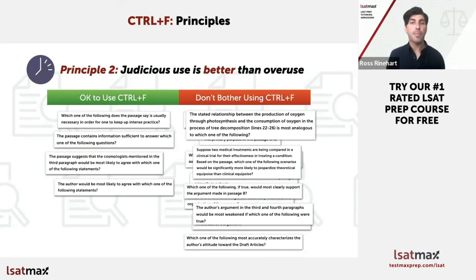Because this family of application questions ask us to go outside of the passage, trying to use Ctrl+F to find something inside of the passage just isn't really the right tool for the job.